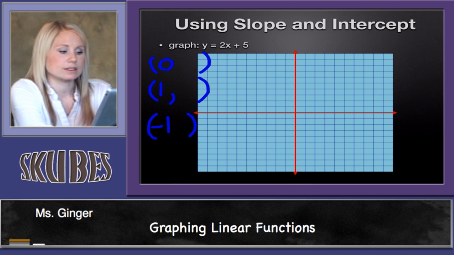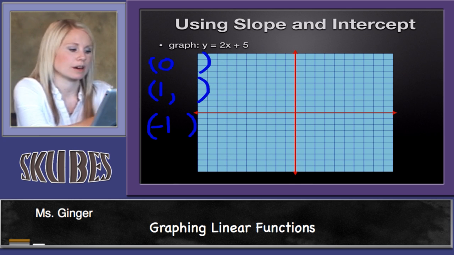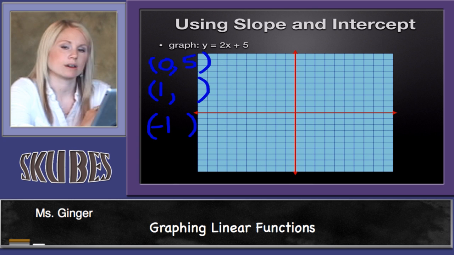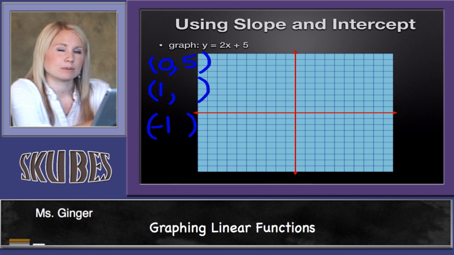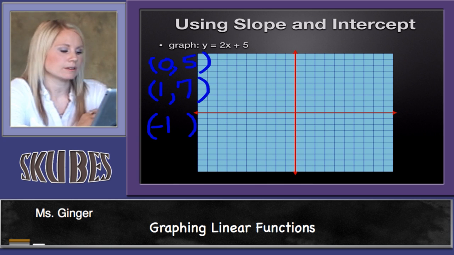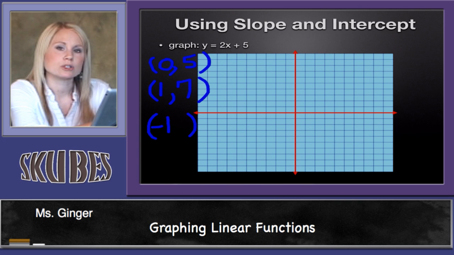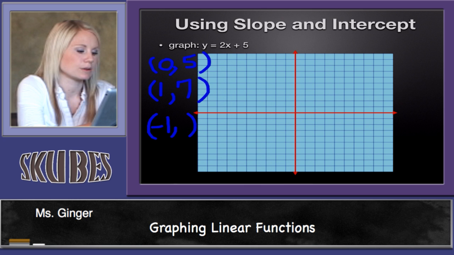So if I put a 0 in for my x up here in 2x plus 5, calculate 2 times 0 is going to be 0, plus 5 is going to be 5. Okay, so I've got 0, 5. Try a 1. 2 times 1 is 2. Add 5. I'm going to have 7. And then try a negative number just to get a nice even picture. 2 times -1 is -2, plus 5 is going to be 3.